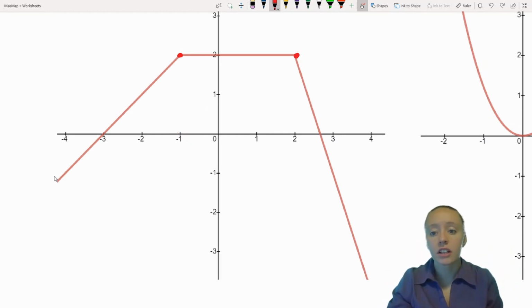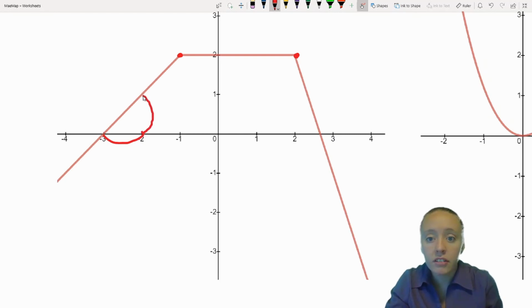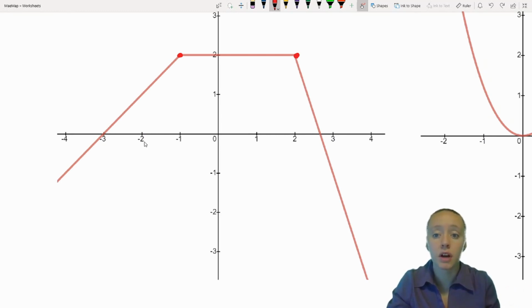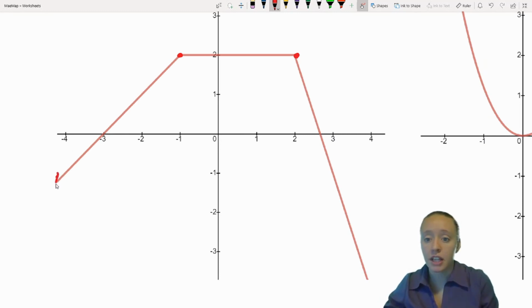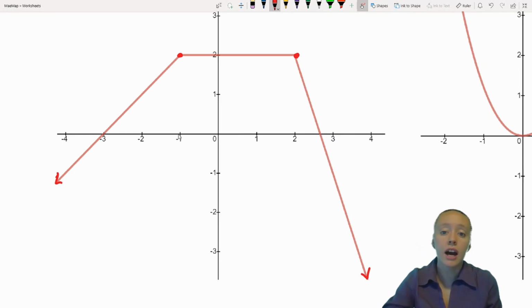So let's take a look. For every 1 in the run, it looks like we go 1 in the rise. So rise over run, 1 over 1, that's a slope of +1. So from -infinity, I'm assuming that this graph continues on in both directions, from -infinity up to -1, we have that same slope of +1.